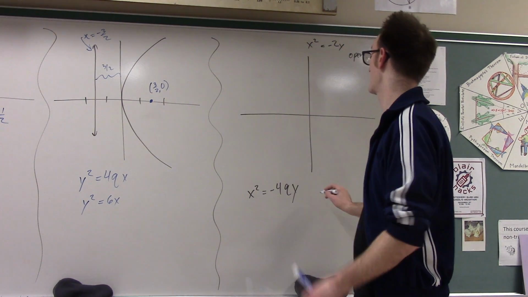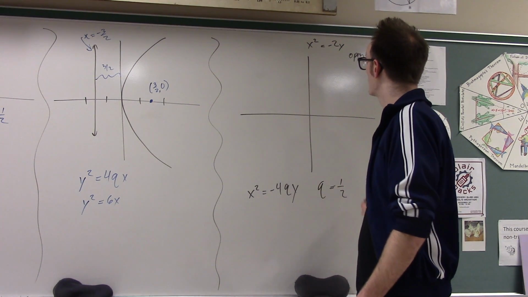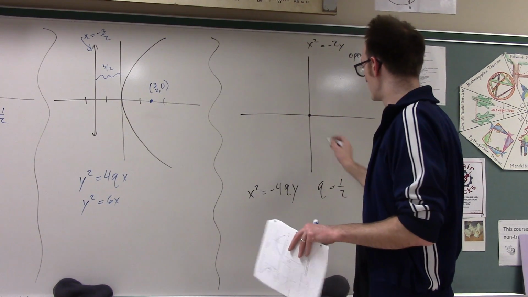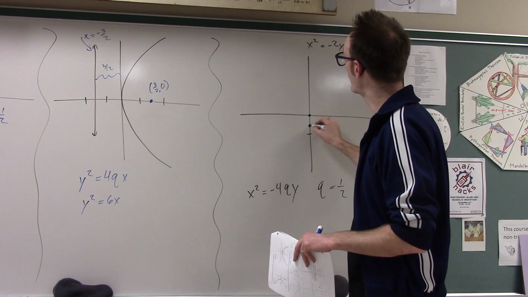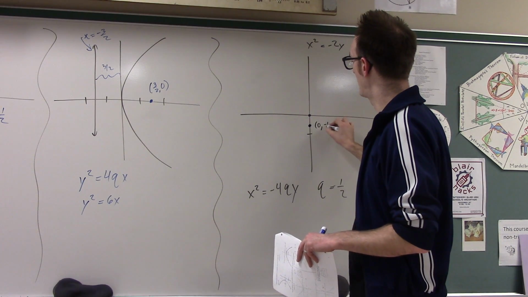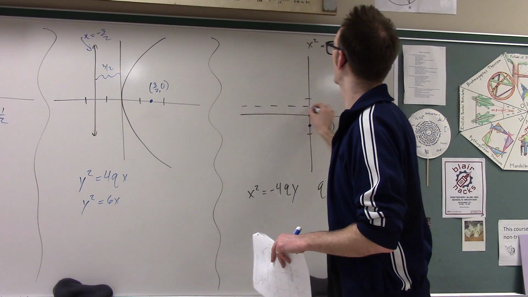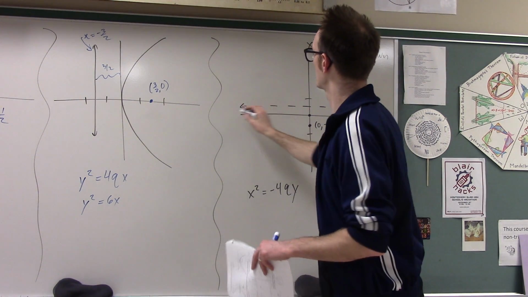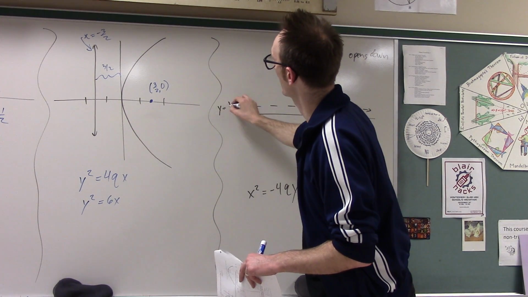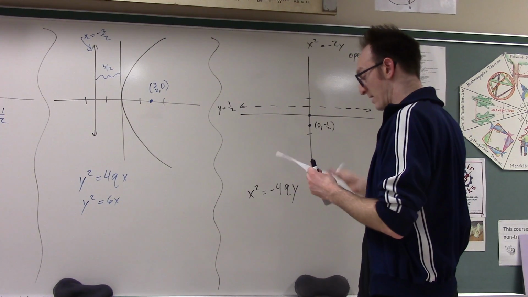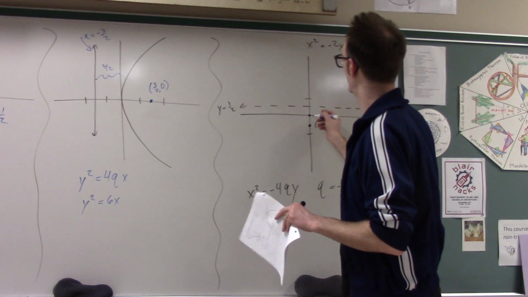There's really not much more to say about that. So if q is a half, then I can draw this thing kind of opening down. I know that the focus therefore is negative a half away, and the directrix is a half above. So this is the line y equals a half, and the parabola itself then must look kind of like this.